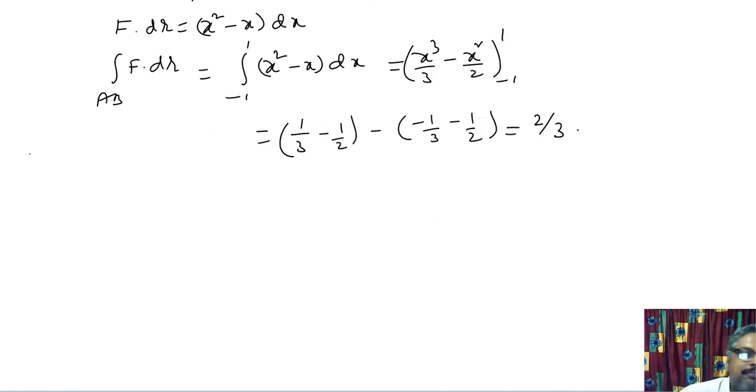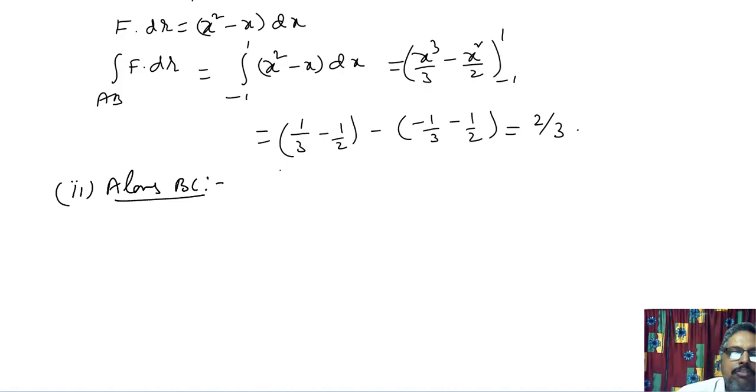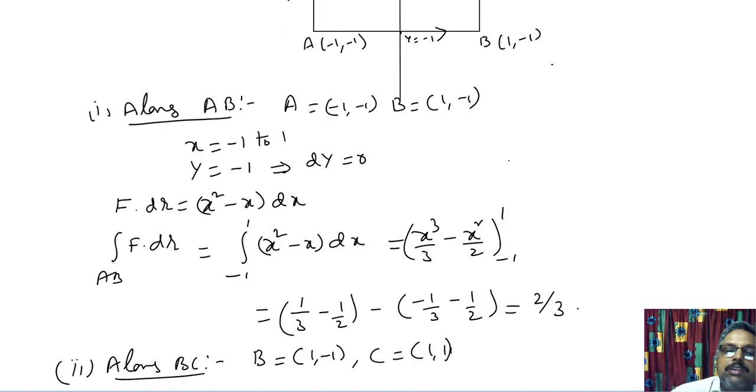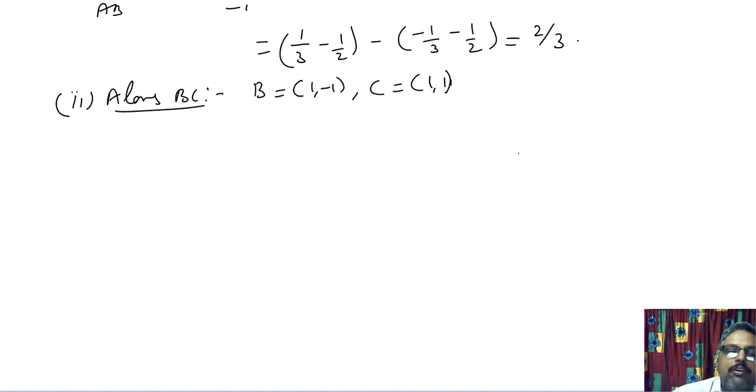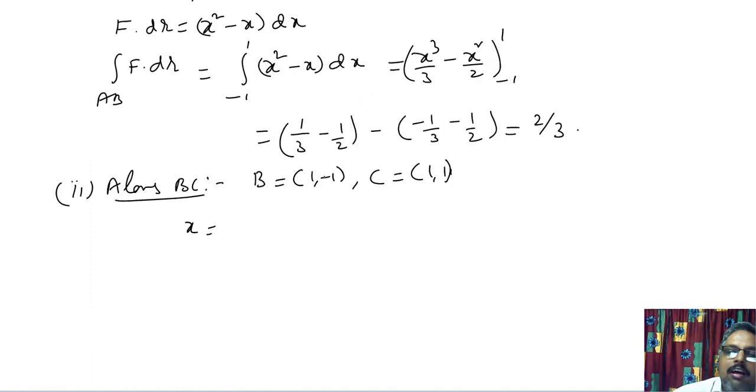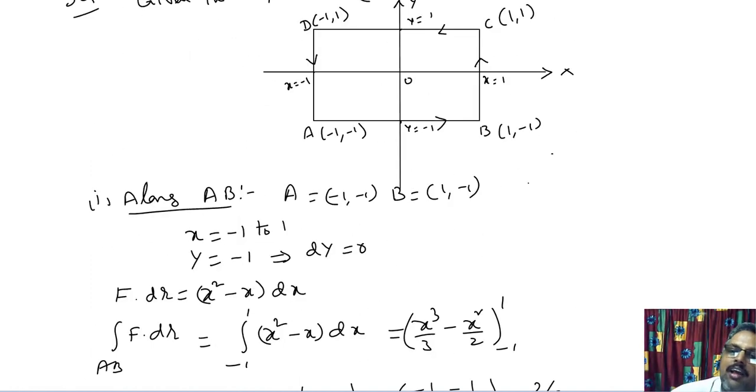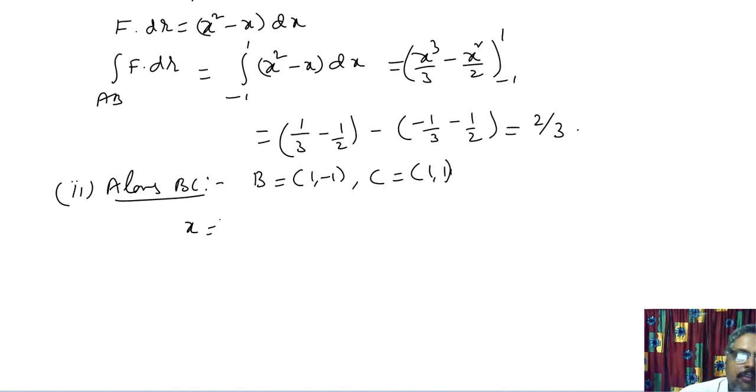In a similar way, along BC. B is (1, -1) and C is (1, 1). We will verify in the diagram. If you observe these two points, BC is a straight line along which x = 1. So dx = 0.